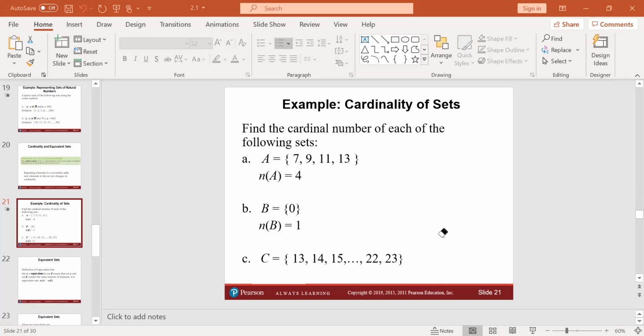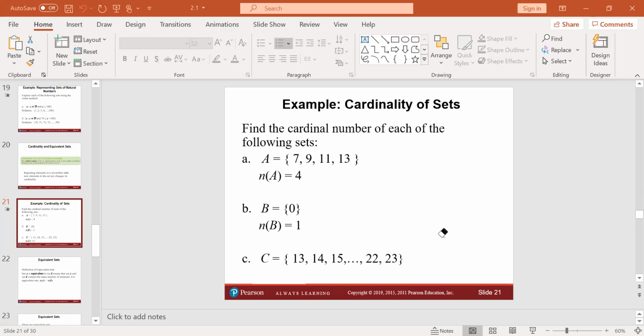Next up, set C. We're going to have to do a little bit of counting. It's all the natural numbers between 13 and 23, including 13 and 23. There's no better way, in my opinion, than to just count them out. How many of you are tempted to say there's 10 things in there? You'd be off because you want to say, oh, just do 23 minus 13, which is 10, and you're done.